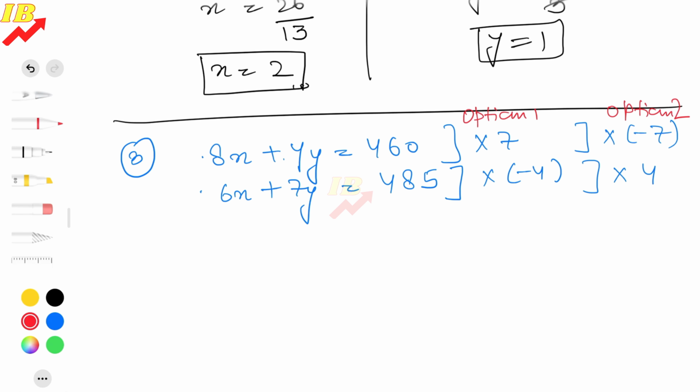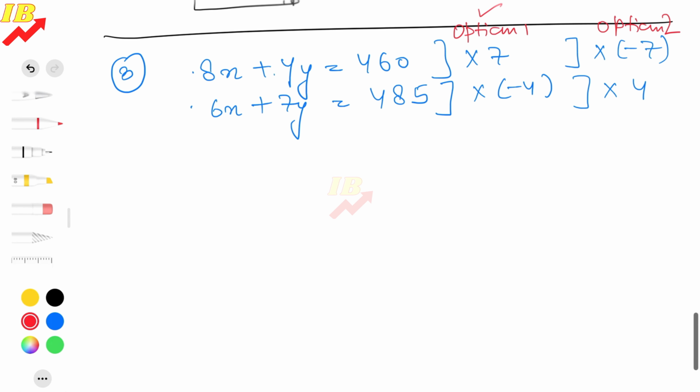Okay, so here I'm going to follow option 1, which I wrote earlier, right? So I'm multiplying these things. So it is giving me 56x plus 28y is equal to 3220. Okay, and the second equation is going to give me negative 24x negative 28y equals negative 1940.